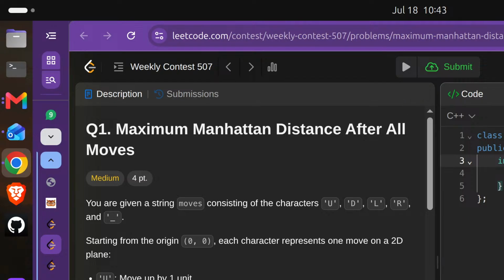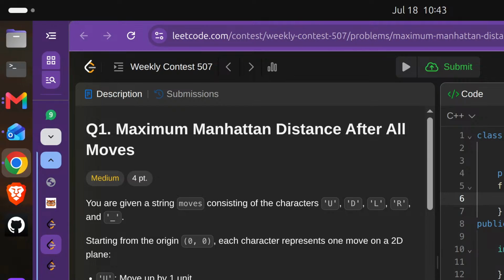Alright, so I will have a string. Let's do it like this. There will be a private function f, it will have a string moves and index i, and x comma y, the coordinates, right?